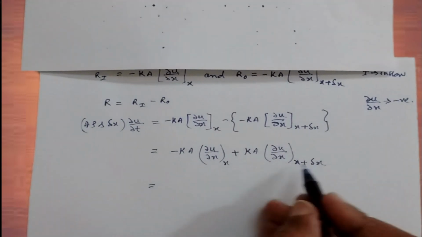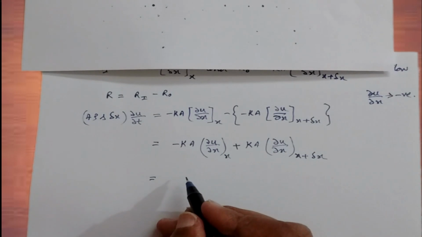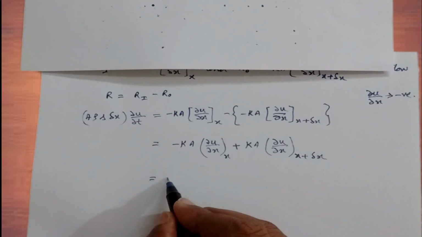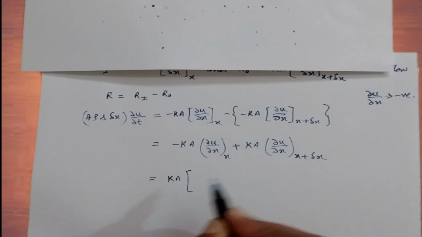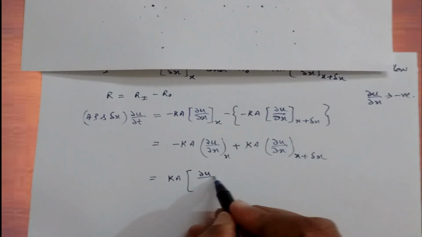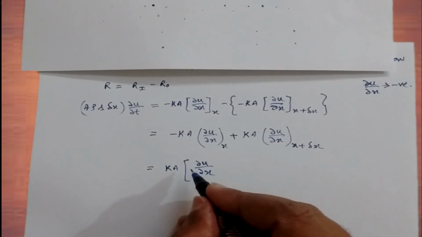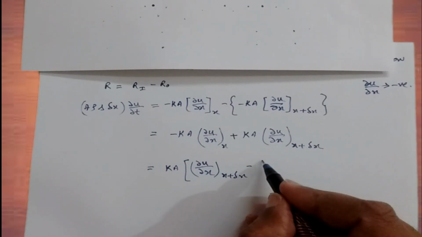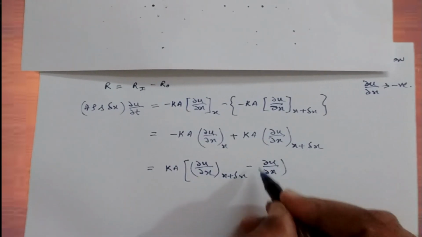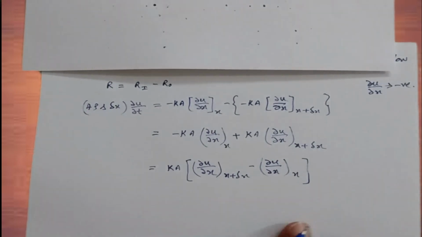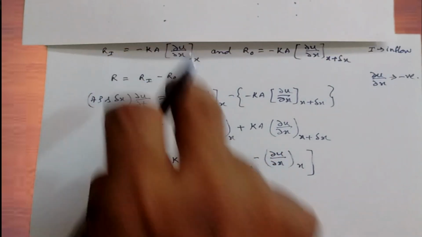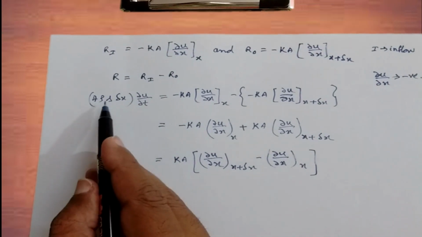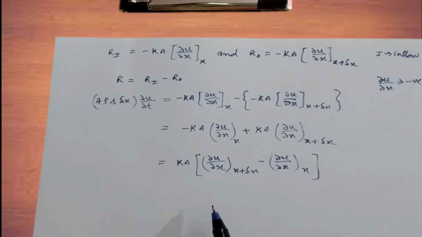Or if I write the positive value first and then the negative value, you can also take Ka common outside. So first the positive value I will write, it is dou U by dou X at X plus delta X. Then here it is a negative sign, minus dou U by dou X at X. Because I need to find this value of dou U by dou T, let's take all these values over to the other side.